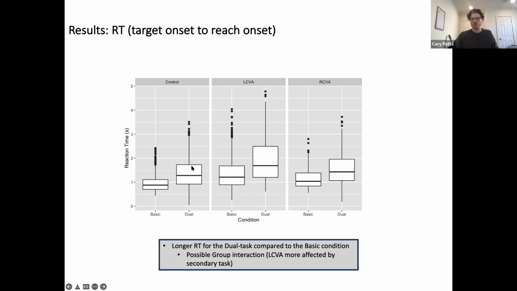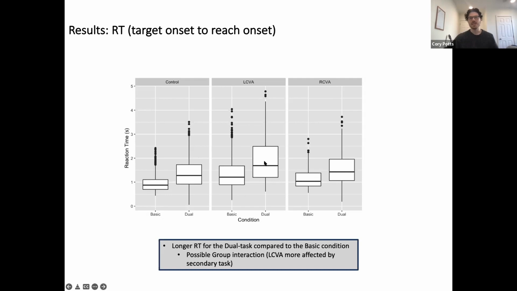So what you're looking at more specifically is the duration between when they saw the onset of the target array and when one of the two hands left its neutral position. So for controls, the dual task condition is taking a bit longer than the basic condition. The RCVA group looks pretty similar to controls. And then there is this interesting pattern where the LCVA group is showing a larger discrepancy between those two conditions than the other groups.